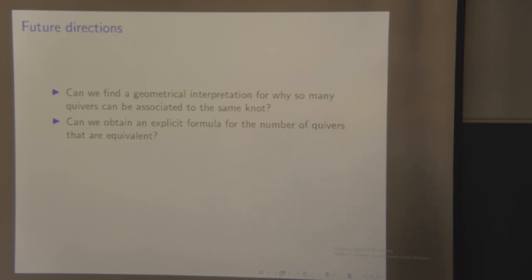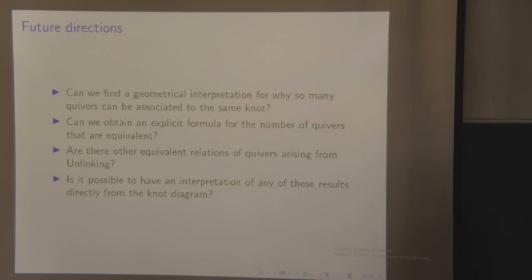So if you give me a knot, can I use a simple formula to tell you how many quivers map to the same knot? Are there any other equivalent quivers that we're not aware of that may even come from unlinking? We're not 100% sure. And like I said, how can these unlinkings, equivalent quivers, be viewed directly from the knot diagram?